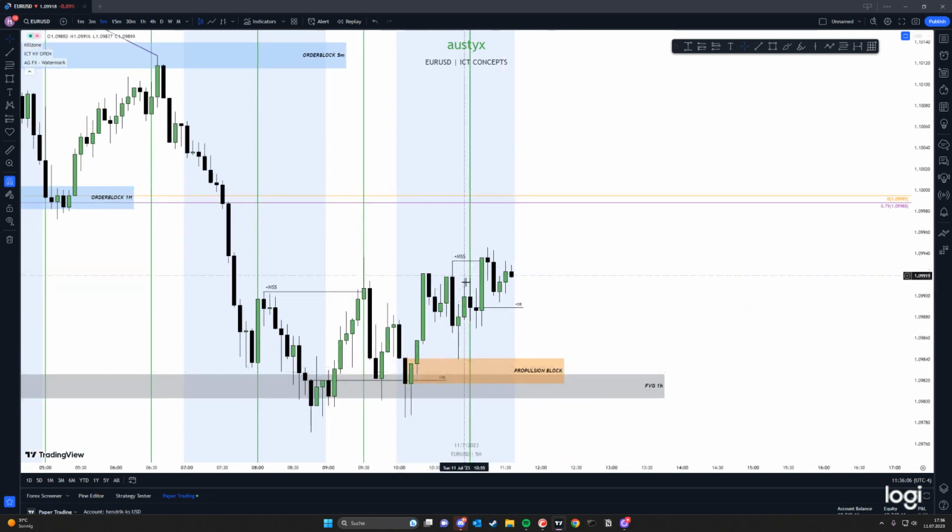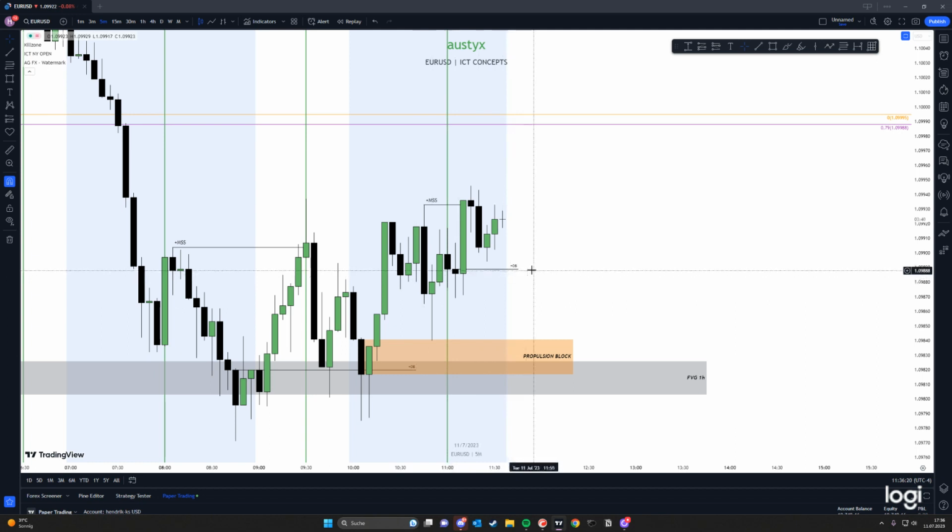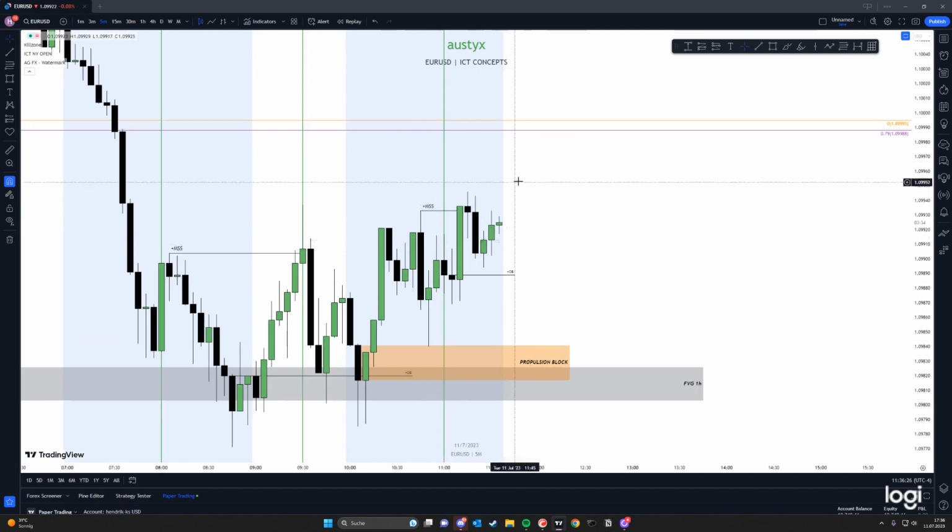Before the break of structure, in the same 90-minute cycle, we had the propulsion block, which got tapped, and we can see price heavily rejecting off of it, which also caused a market structure shift. And right now I'm looking at this order block, which just formed, which also helped cause this market structure shift in the newly created 90-minute cycle.